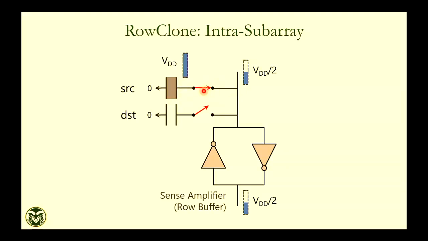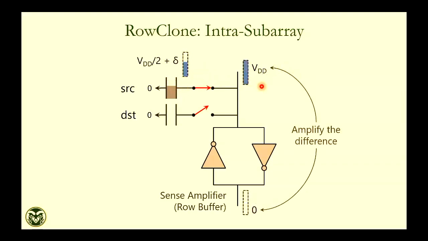When you activate the source word line, VDD by 2 plus delta will come in, so charge sharing is taking place. Then you activate the sense amplifier, and the sense amplifier amplifies this voltage difference. Then this voltage goes back into the source, and the source gets back its result.